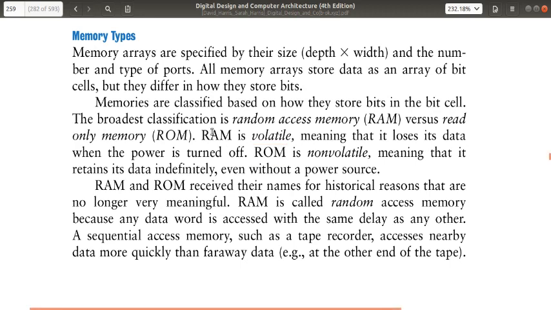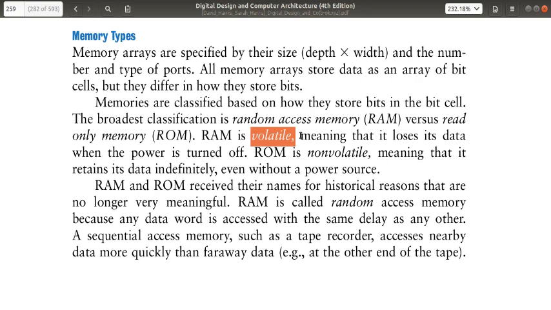So what is RAM and what is ROM? Before that, what is volatile and what is non-volatile? Volatile means whatever data you are storing in that memory will be present only till the power is on. If you have stored something in the RAM in your computer, the moment you switch off the computer, the content of the RAM is lost.